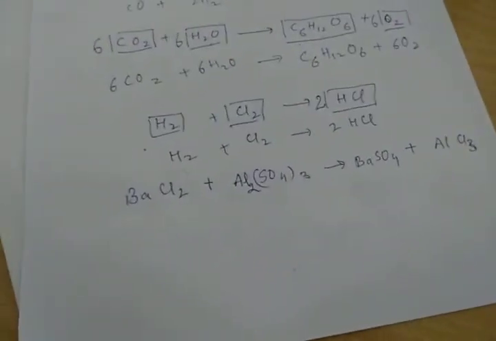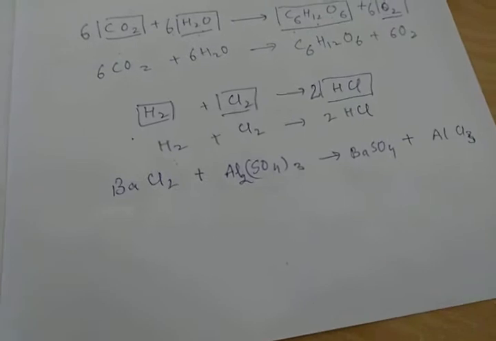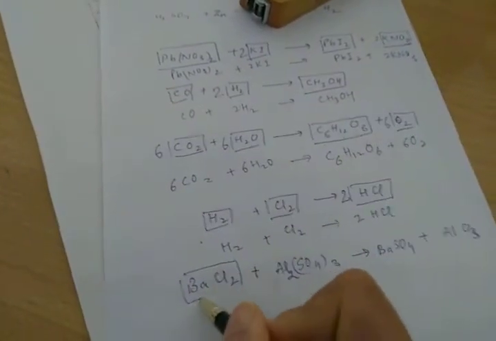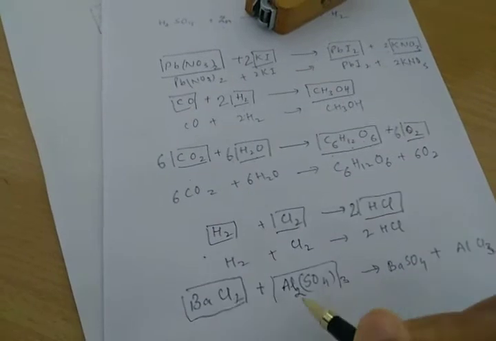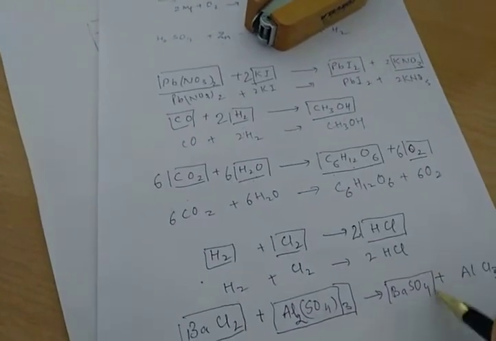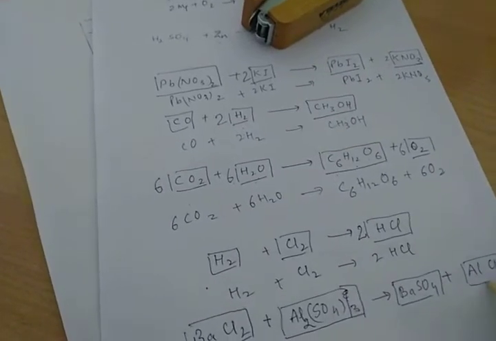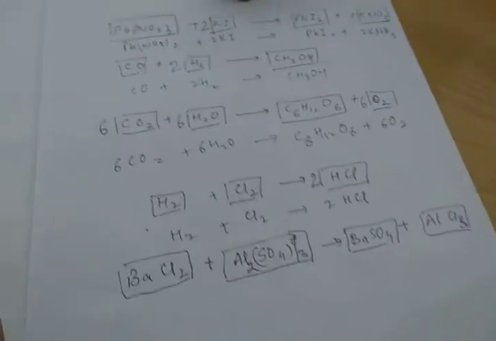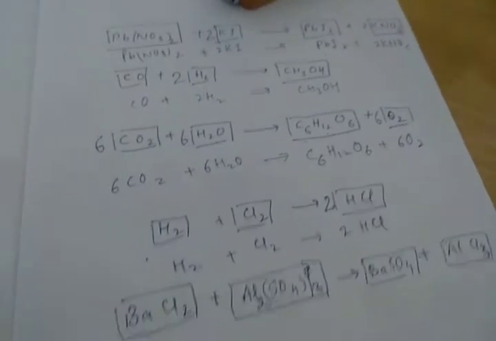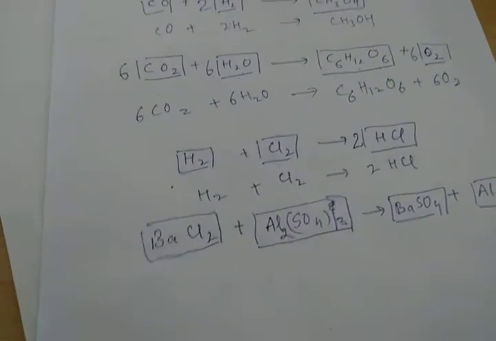Balance the equation. First we start with aluminium sulfate because it has maximum number of atoms. First encircle all the species. Sulfate on the left side, that is in aluminium sulfate, is 3.